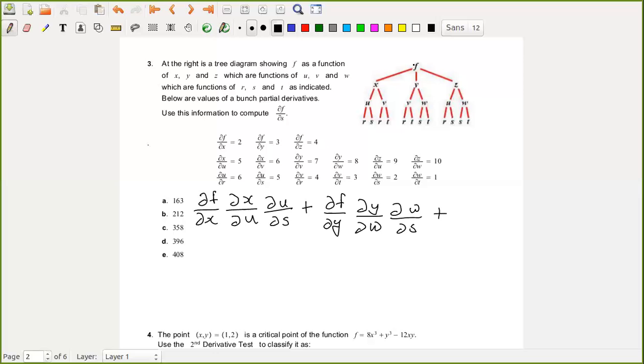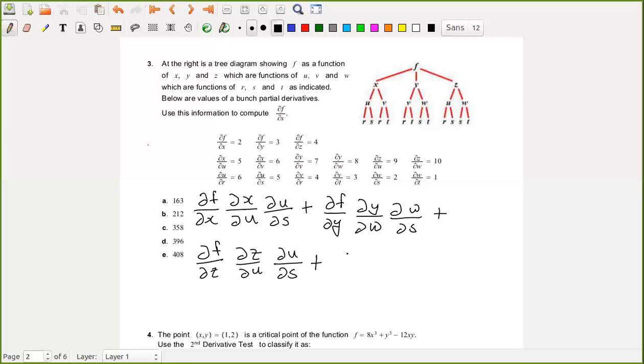Finally, how can I go through z? f, z, u, s. So now this is going to be plus the partial derivative of f with respect to z times the partial derivative of z with respect to u times the partial derivative of u with respect to s, and then I could go from f to z to w to s.